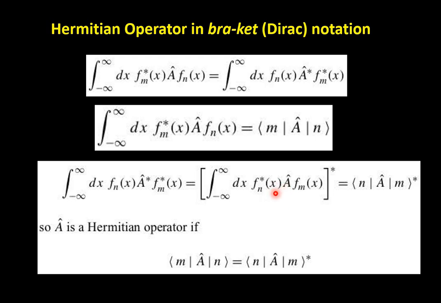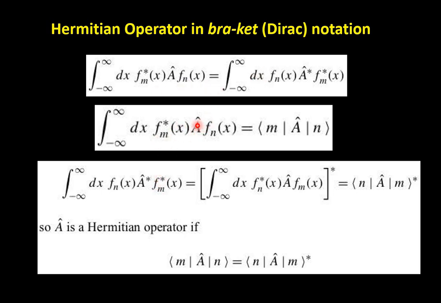But in bracket notation, as I have mentioned, ψn is with star, so it comes here in the bra position, and Aψm without star comes here in the ket position, and the whole thing has a star. So A is a Hermitian operator if this is equal to that in the very first line.